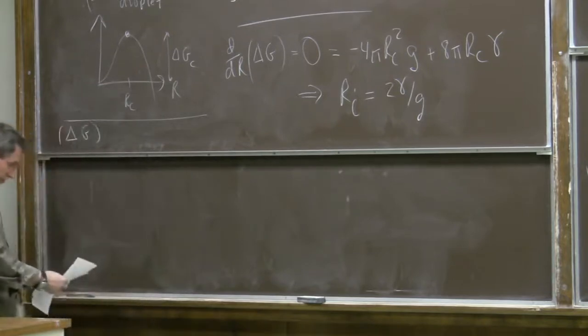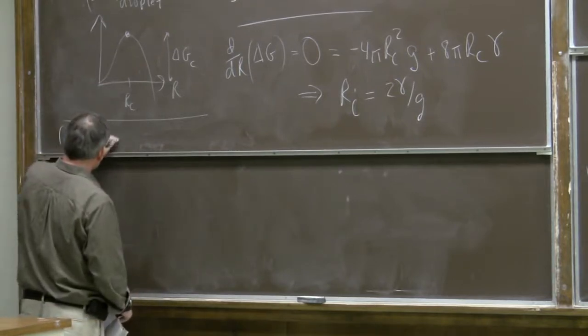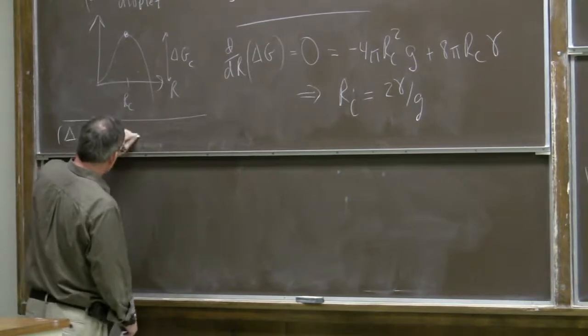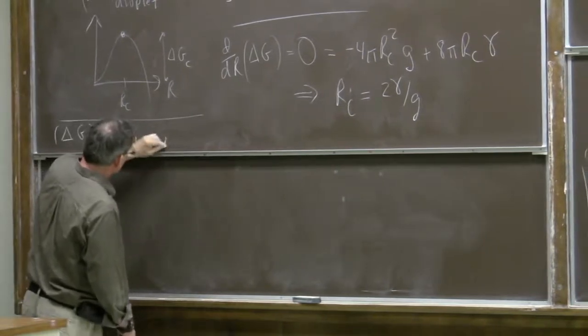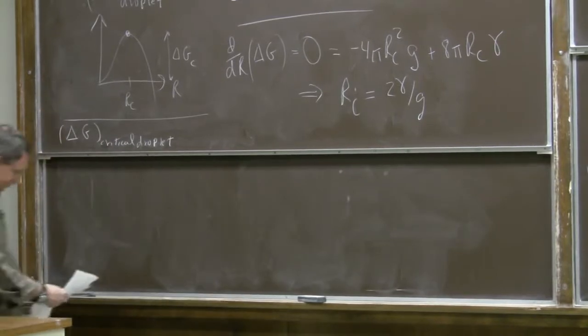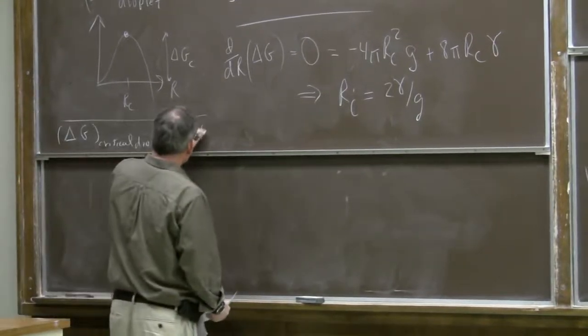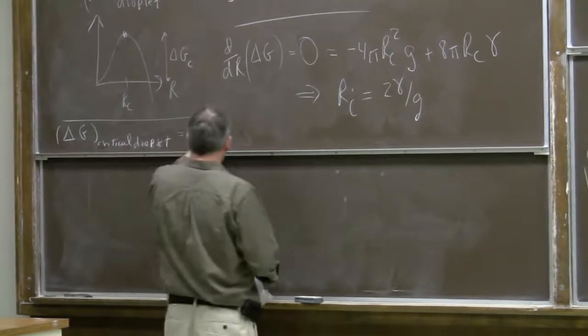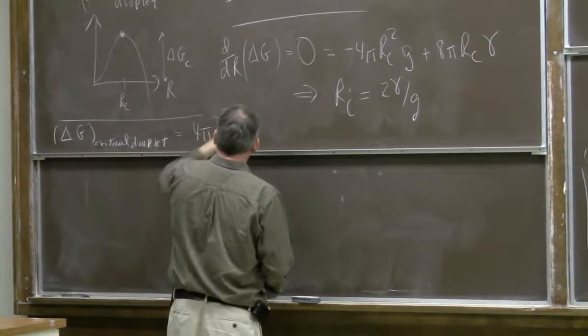The height of the barrier for the critical droplet, the one large enough to grow, I just plug that value of RC back into this function. So it's equal to 4 pi gamma cubed over g squared.